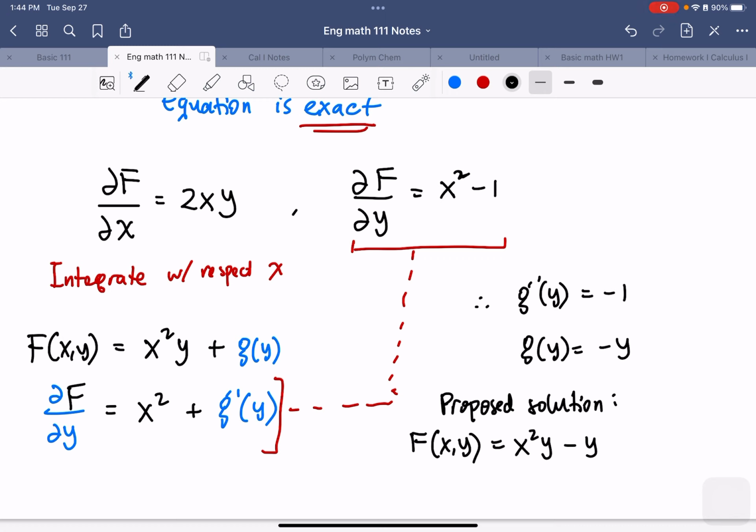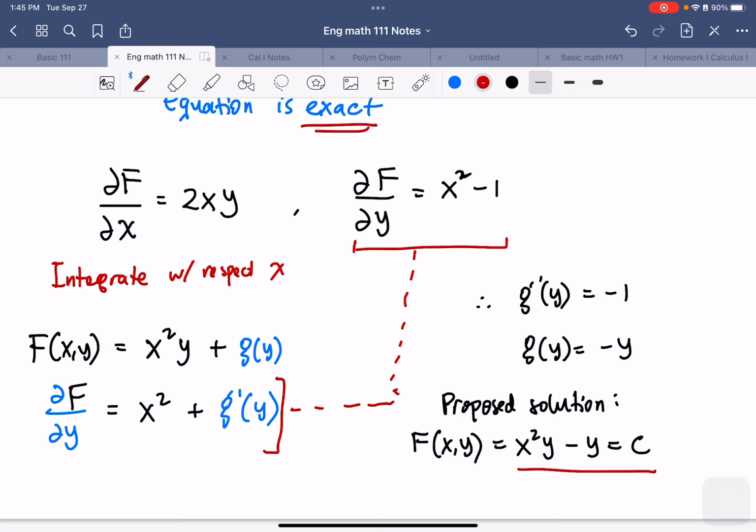So we can actually have many points. So maybe we can just state this is equal to a constant c. This is the implicit solution because we have both x and y. If you want the explicit solution, you can just factorize the y, and then that will be the explicit solution. I think up until here is okay.